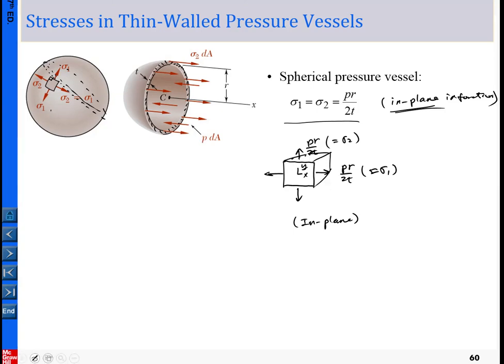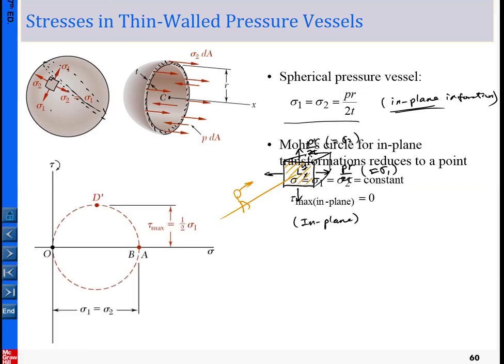In the 3D view, for example, you are a little guy sitting here looking into that one. Basically, projecting to you is the in-plane information.